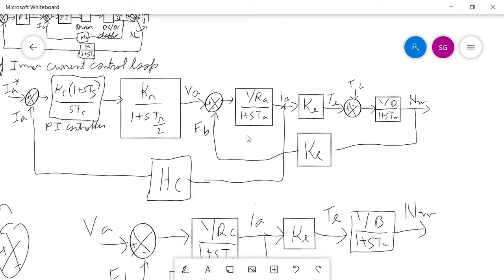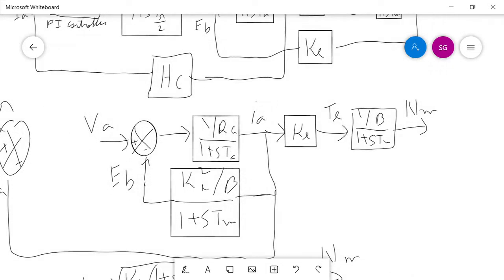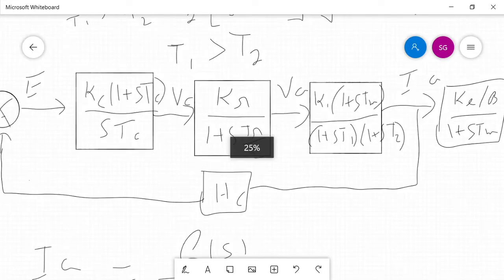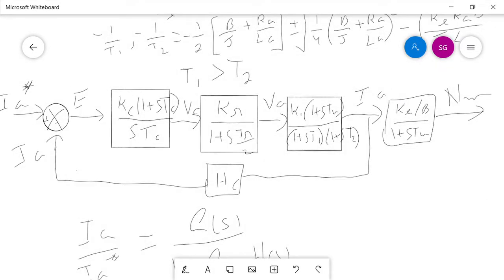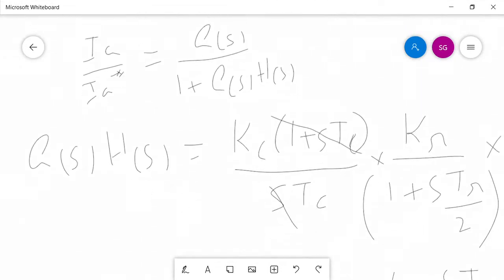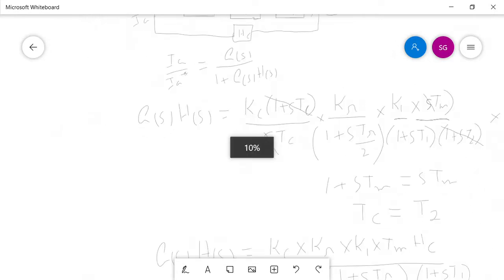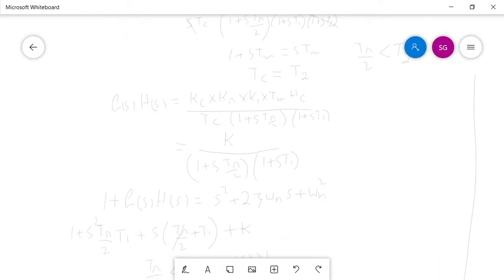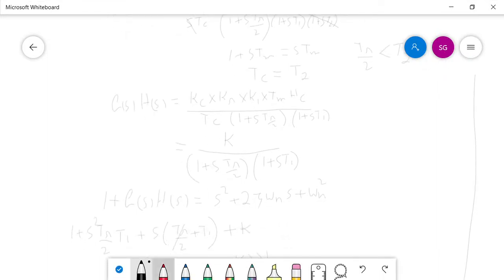So we can reduce our system. When we calculated our G(s) upon 1 plus G(s)H(s), 1 plus G(s)H(s) is here, and G(s)H(s) is this thing. So let me just do it.